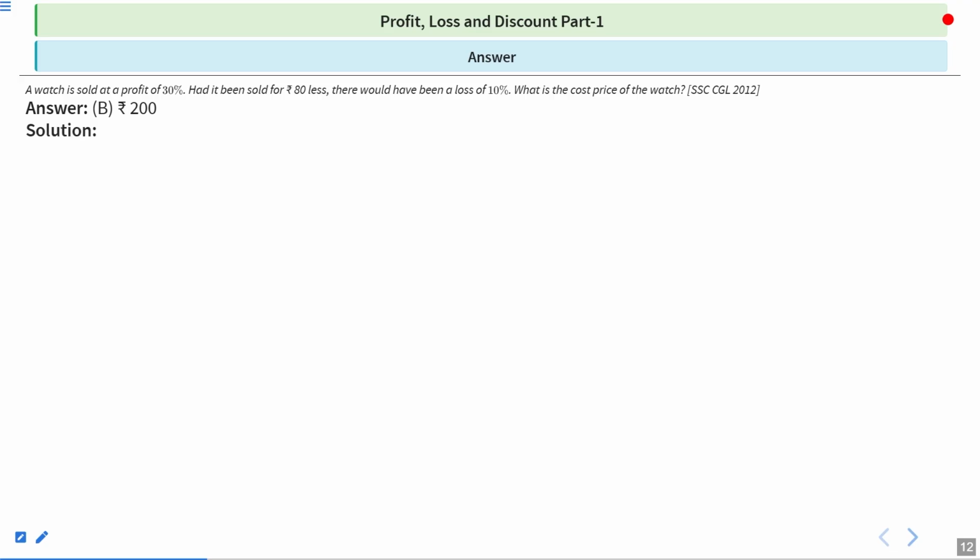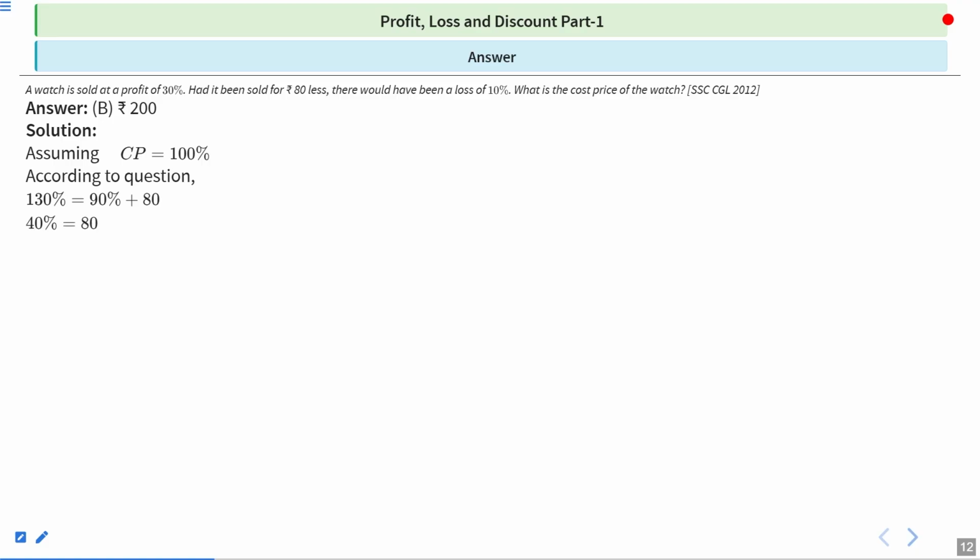Now see the solution of this question. Assuming cost price equals 100%. According to the question, we can say that 130% is equal to 90% plus 80 rupees, because when it is sold 80 rupees less, he faces a 10% loss.